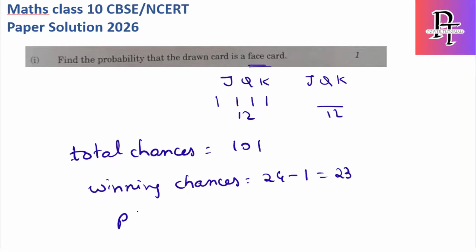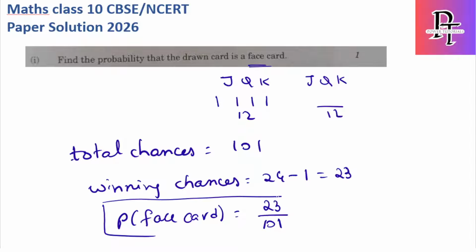So the probability of a face card is equal to 23 by 101. Probability is always winning cases by total cases. Total cases are 101 because 3 cards are already removed. And out of winning chances, we have 24 face cards because Jack, Queen, and King will be present for each suit.